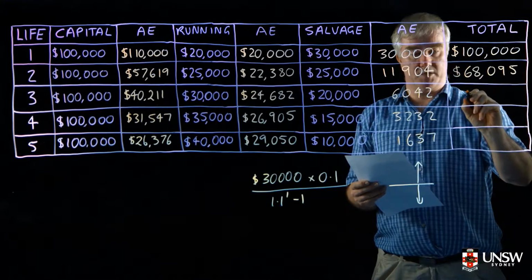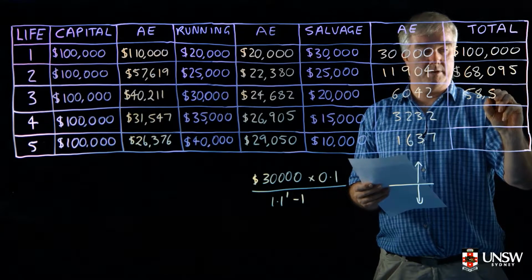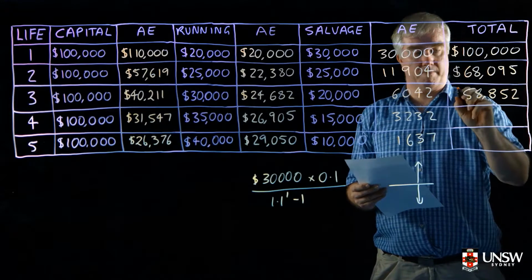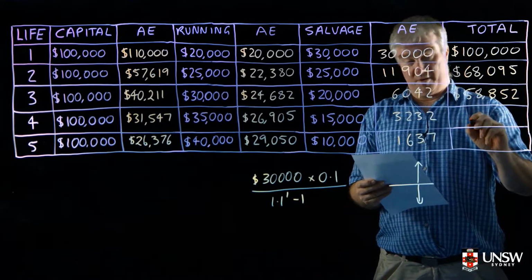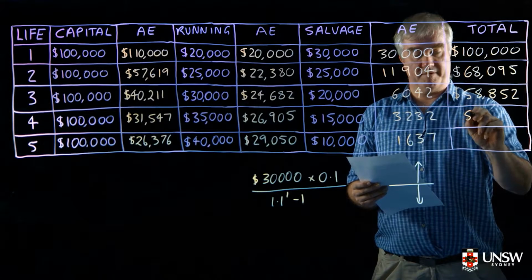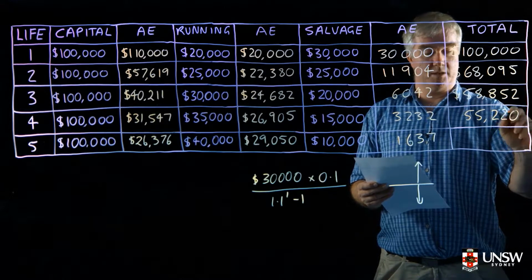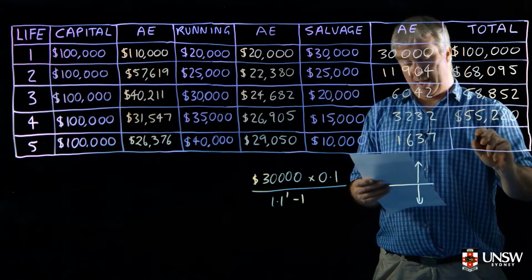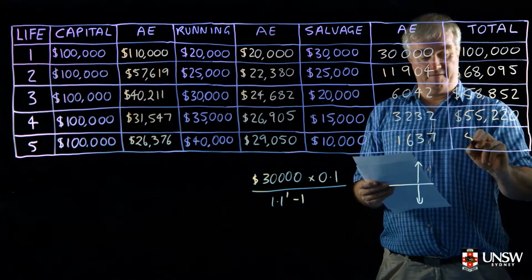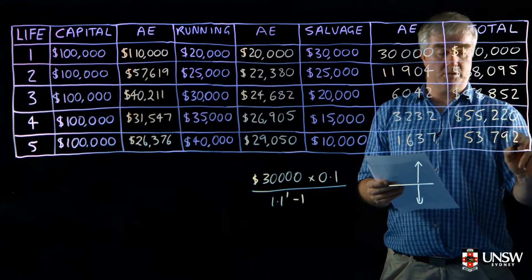For 3 years, we get $58,852. For 4 years, we get $55,220. And for 5 years, we're going to get $53,792.